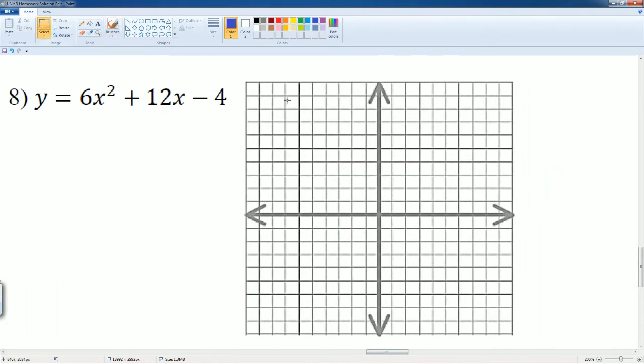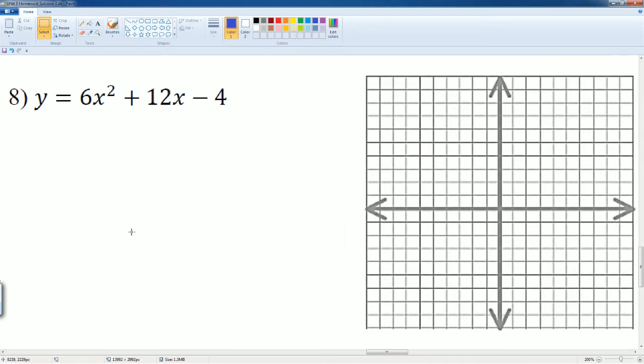Okay, good. Let's do 8. Hopefully this one works out well. What we can do here is add this 4 to both sides.